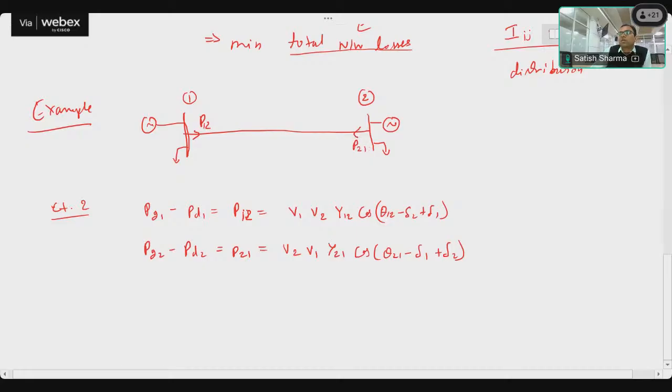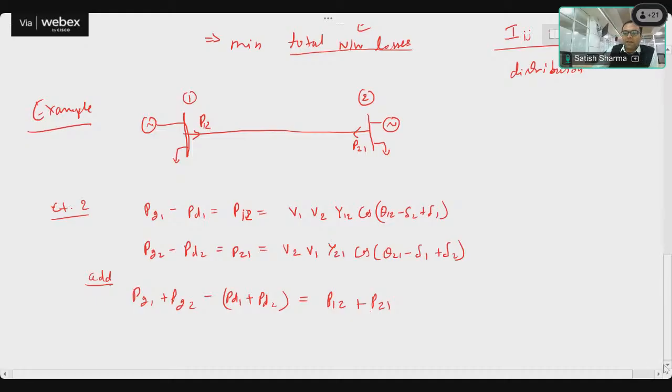If I add these equations, I will get PG1 plus PG2 minus PD1 plus PD2 equals P12 plus P21.